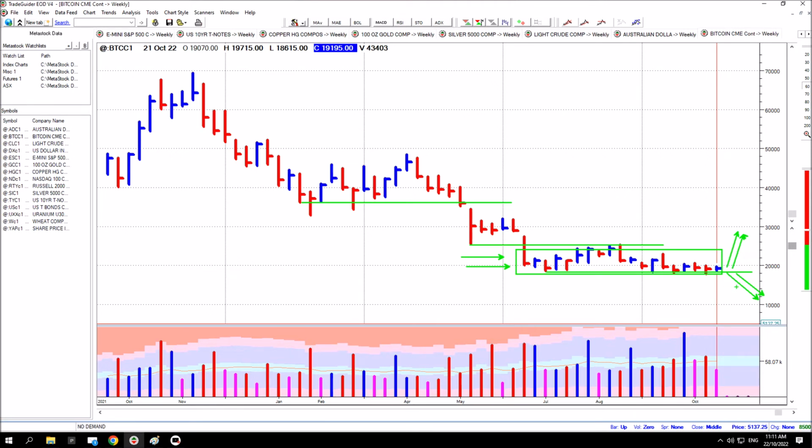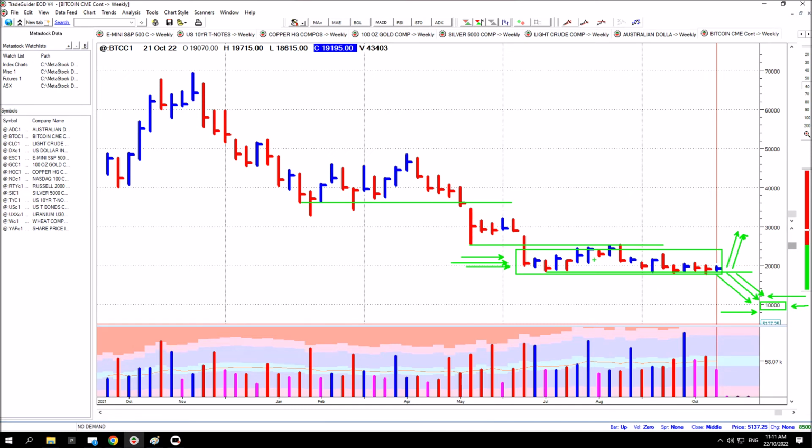But if price breaks down and heads down towards the 10,000 level, then I expect that the buying that's been found in this zone will be dumped, and that will support the price moving lower and really overwhelm any buyers that attempt to stand in its way until it gets down to the next level, which I anticipate is between 8,000 and 12,000, and we're calling 10,000 the middle of the range.